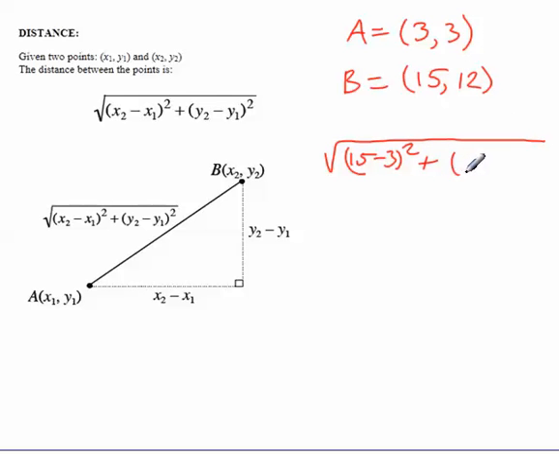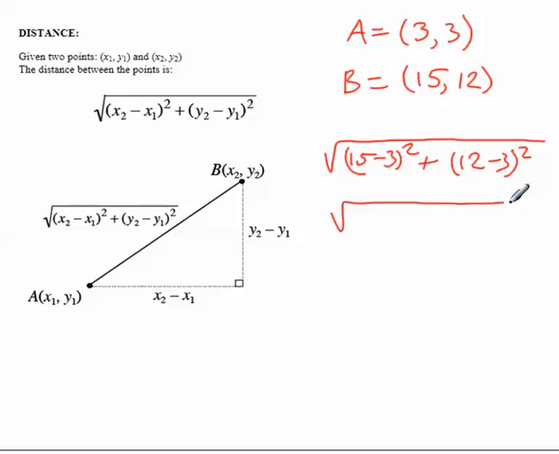Don't worry about the y1 and y2 and x1 and x2, just as long as if you started in the first one with B and followed with A, you repeat that same thing. Start with B and move to A. So 12 minus 3, and then you will be all set.